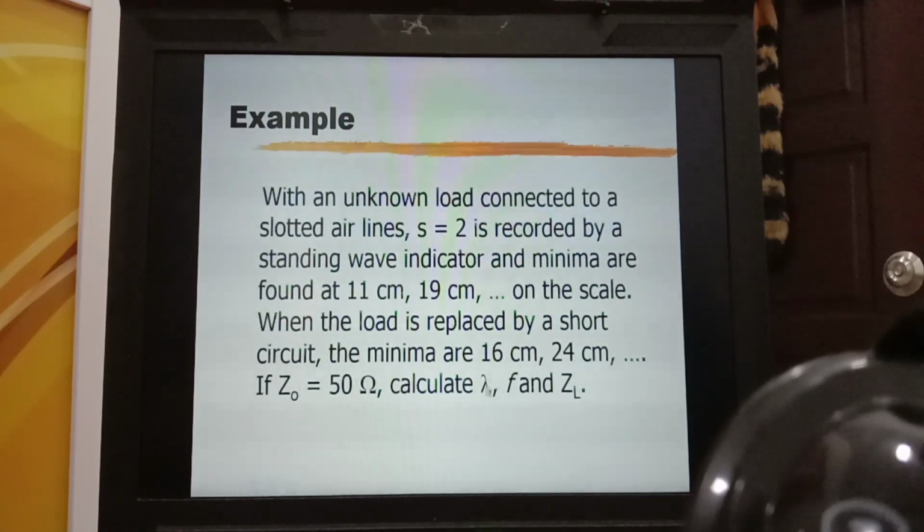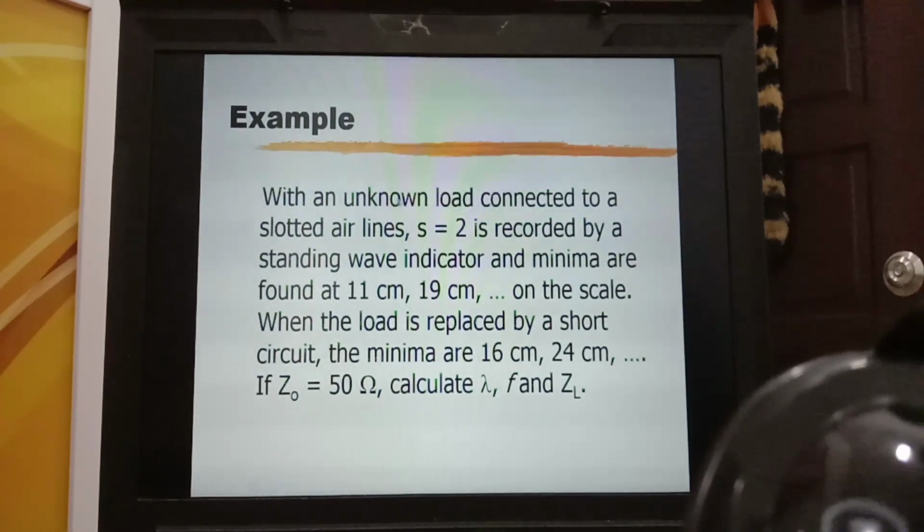All right, and to find the frequency f, we need to know the propagation velocity. Propagation velocity v is equal to f times lambda. So if we know the wavelength lambda and the propagation velocity v, we can find the frequency f. In this case, what is the propagation velocity?